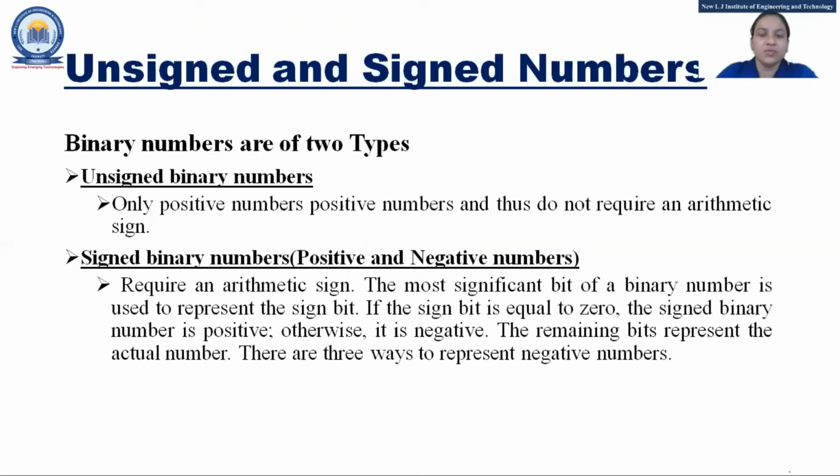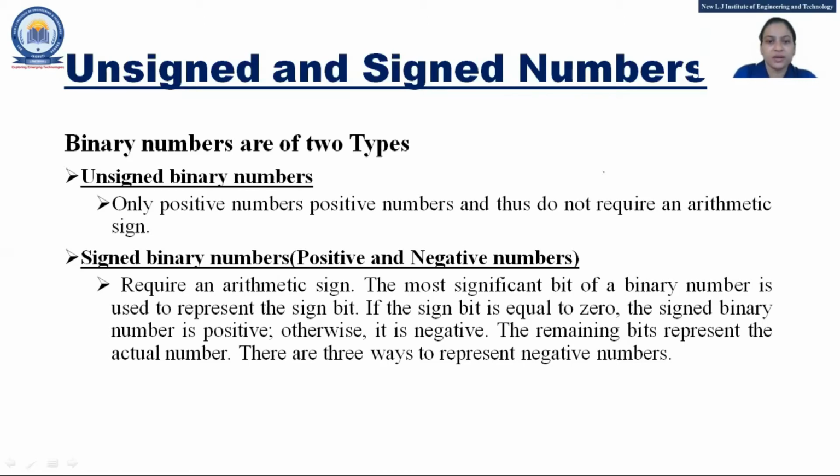Now for binary numbers we have two kinds of numbers. Binary numbers are of two types. One is signed binary number and the other is unsigned binary number.